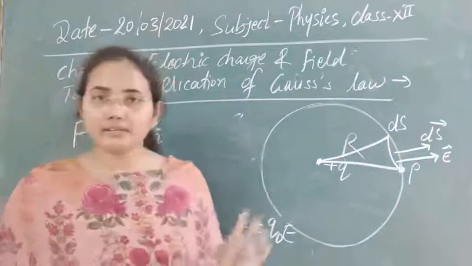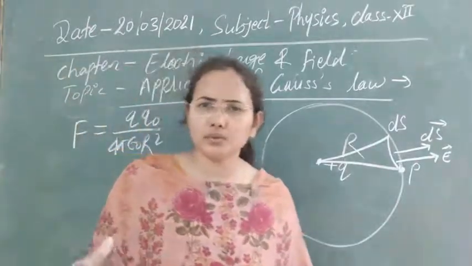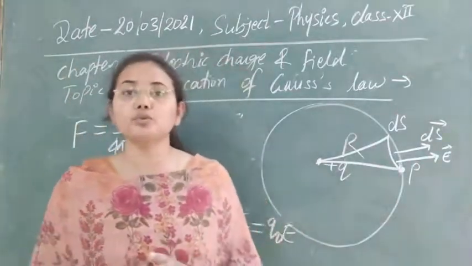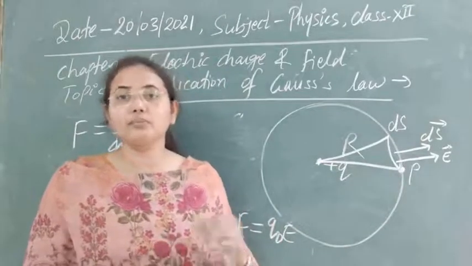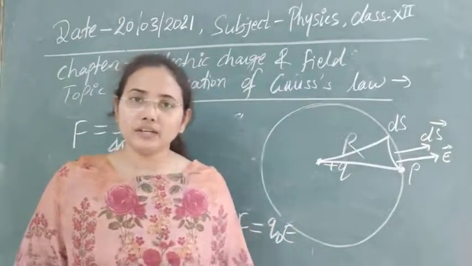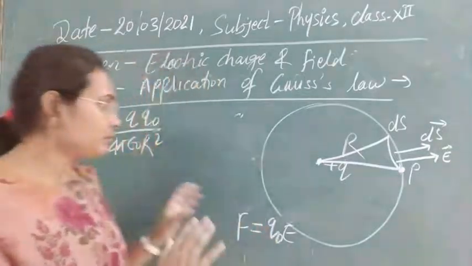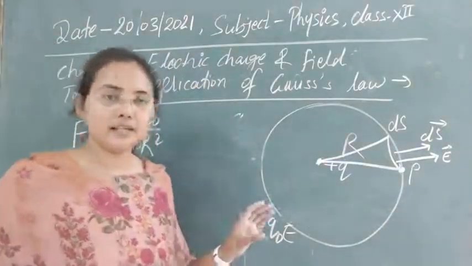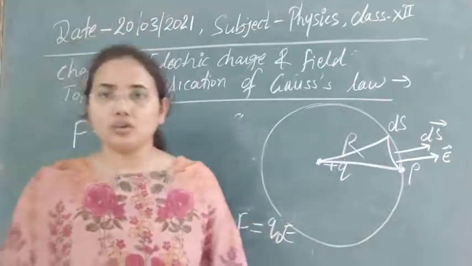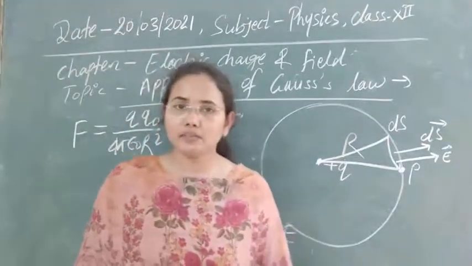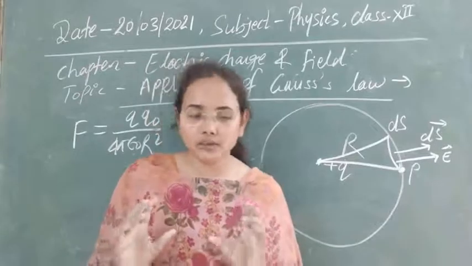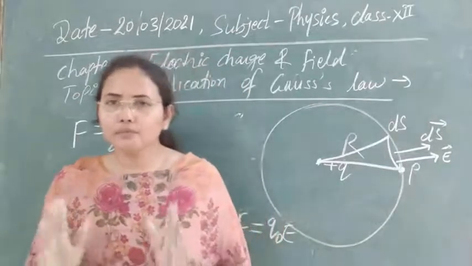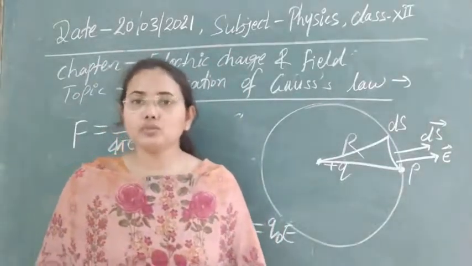And after that we have calculated some problems on the torque produced on an electric dipole when we put it into an external field. And we only have to solve the problems on flux and problems on Gauss law. So let's see them.